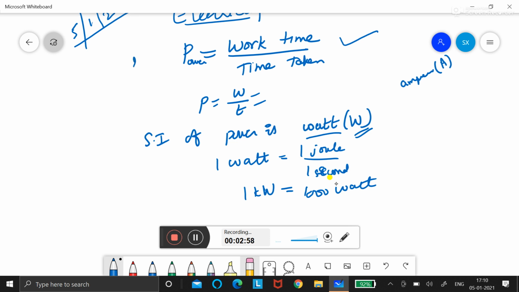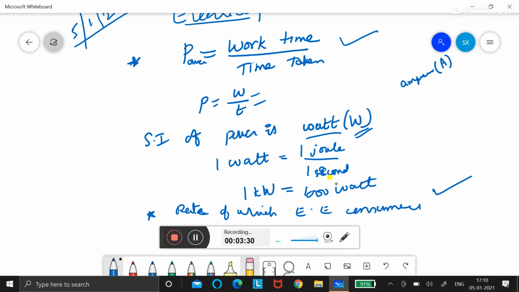Another definition you should write is that electric power is the rate at which electrical energy is consumed. So when you write the electric power definition, write both. One is P is equal to work done by time taken, another is the rate at which electrical energy is consumed.